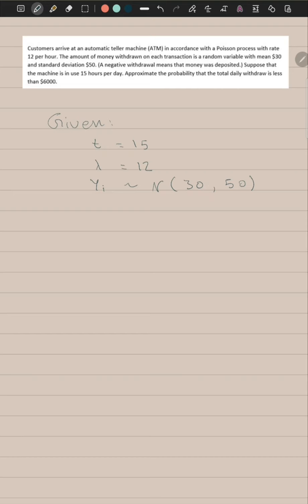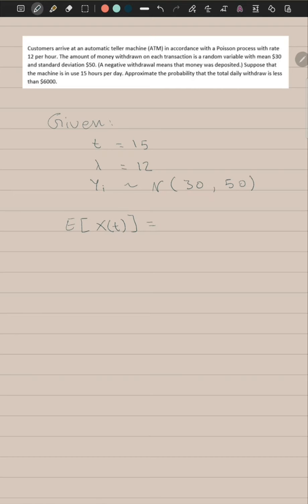So what does the formula tell us? The formula to find the compound Poisson distribution is, we will call our random variable X with parameter t, and t here, as we mentioned, is 15.